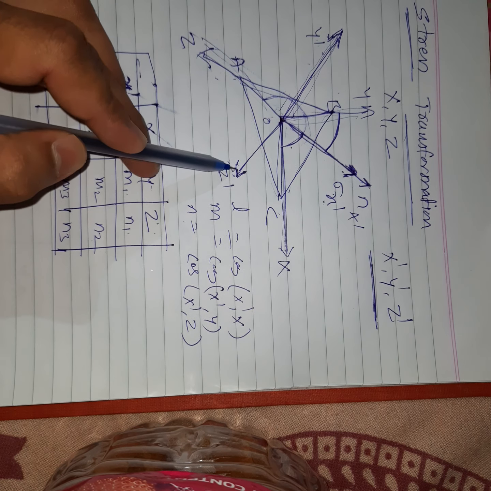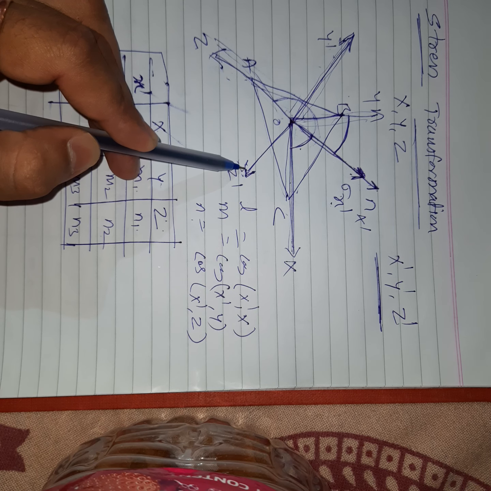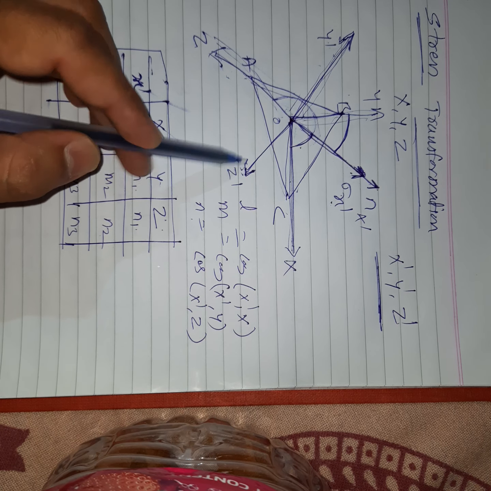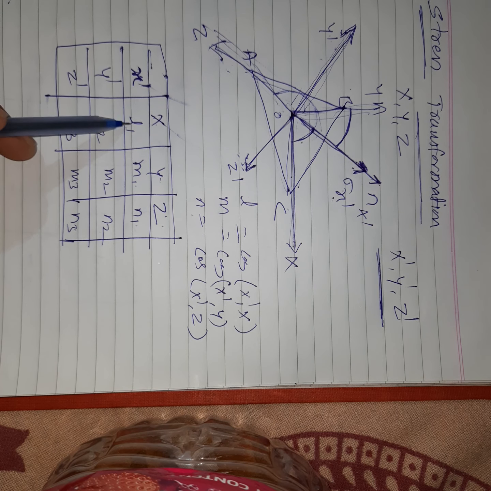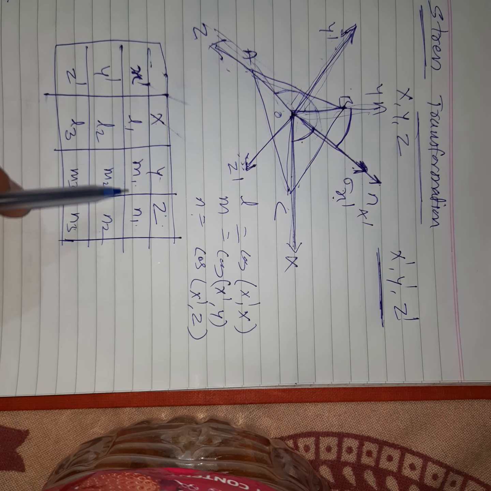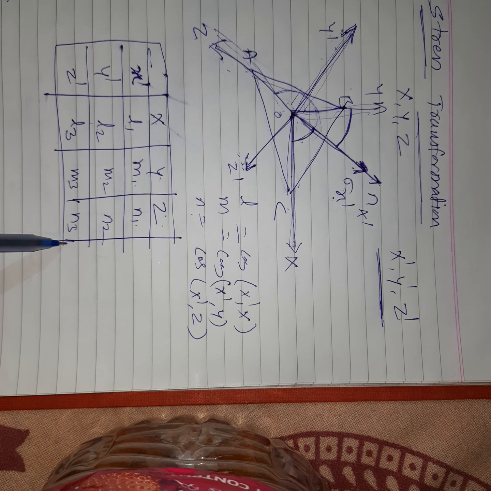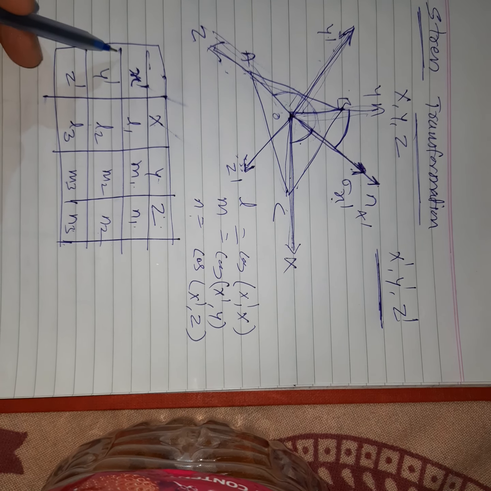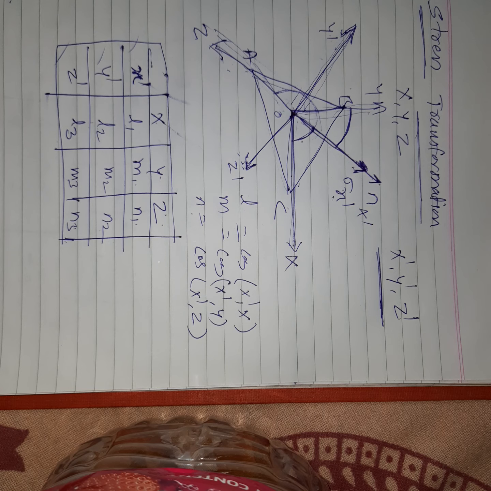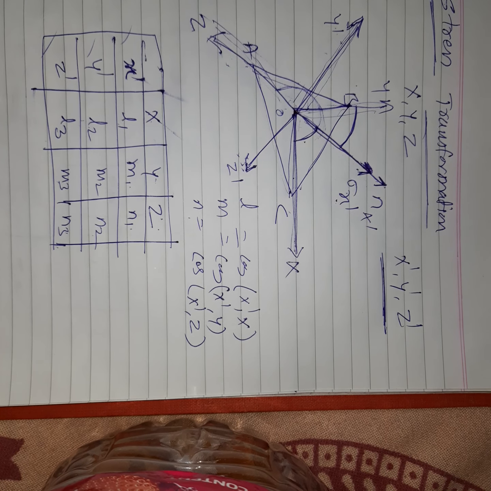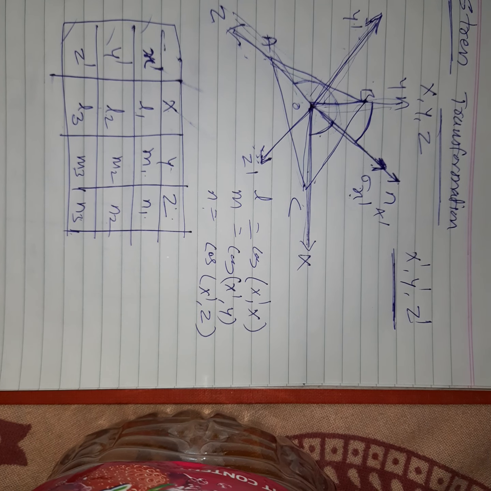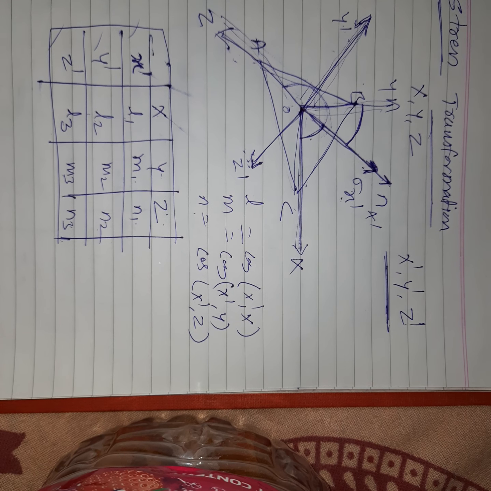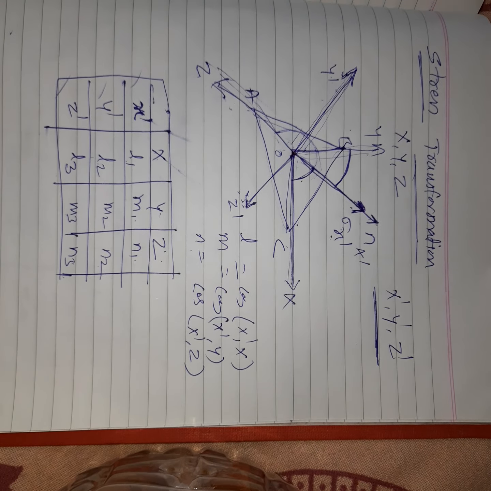Similarly for z dash, the new oblique plane, the direction cosines with respect to x, y, z will be l3, m3, n3. By calculating all these l1, m1, n1, l2, m2, n2, l3, m3, n3 with respect to the new oblique planes x dash, y dash, z dash, we can calculate the stress transformation or the stress distribution on the new oblique plane.